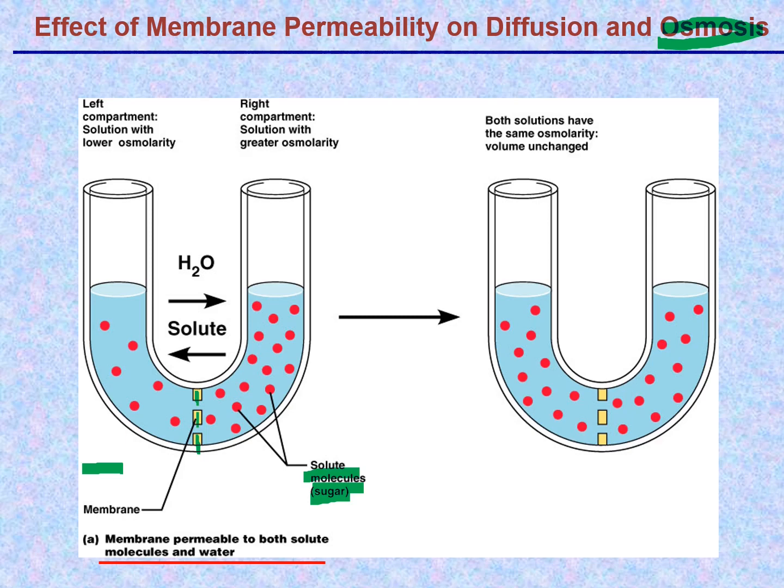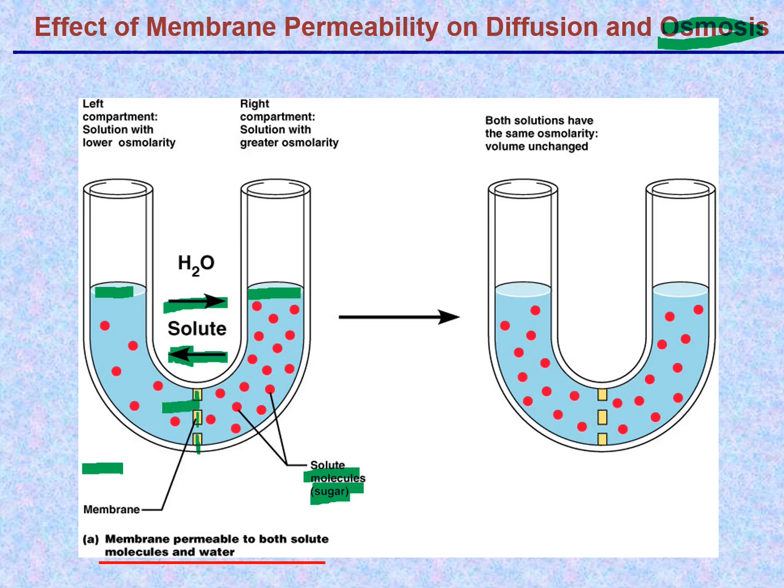In this particular example, it does allow solute molecules across. And not only will the solute move across from areas of higher concentration to lower concentration by simple diffusion, but also the water will move across in the opposite direction by osmosis, because water will be drawn across because of the hypertonic nature of the solution on this side versus that side.